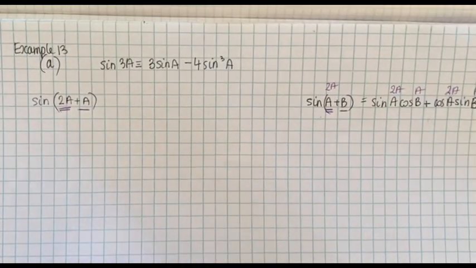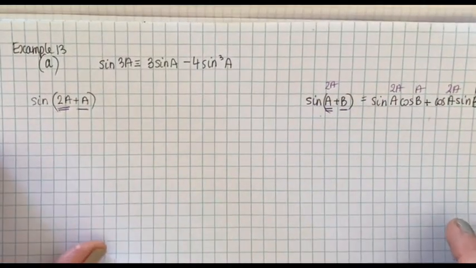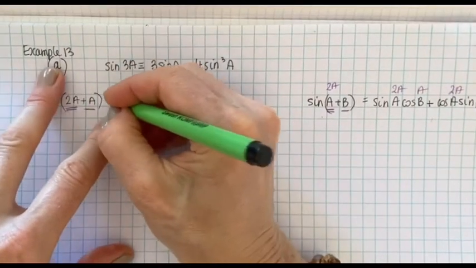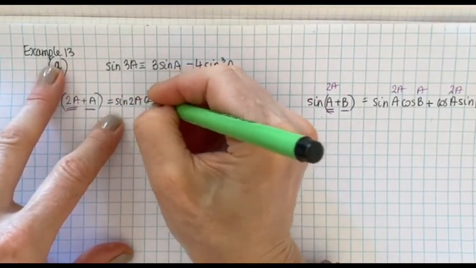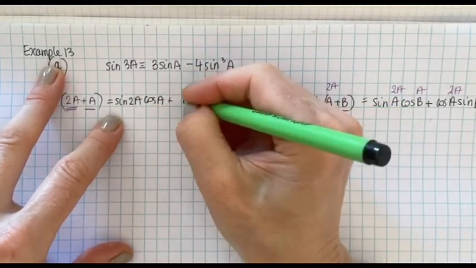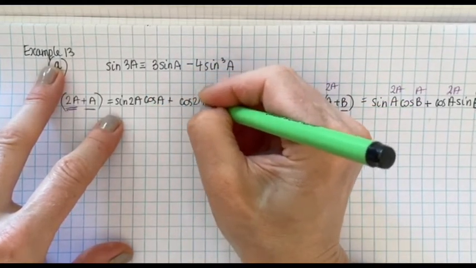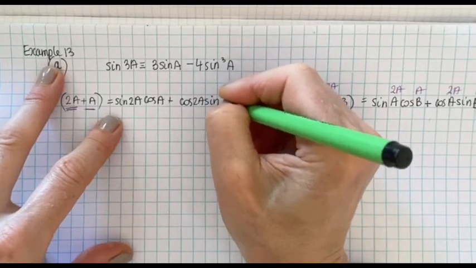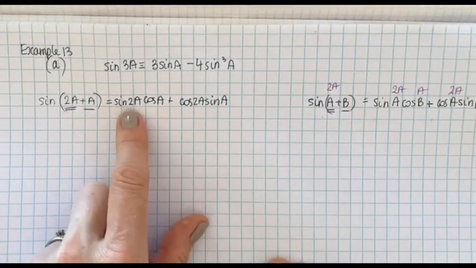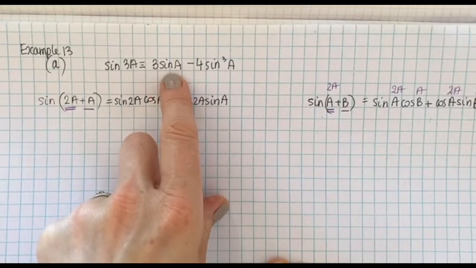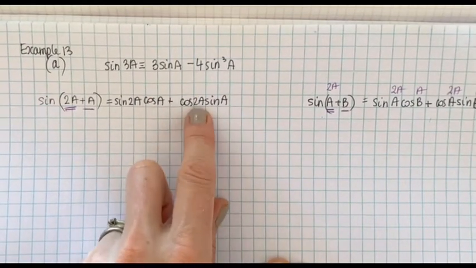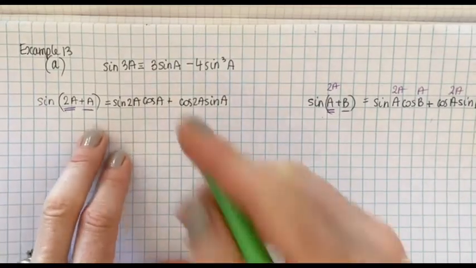There you go. So what we're going to get is sine 2A cos A plus cos 2A sine A. Now we want single A's here, so we don't want 2A either with sine or cos, so we're going to replace them.